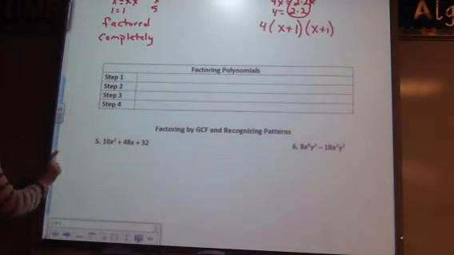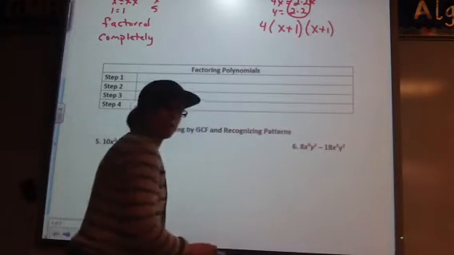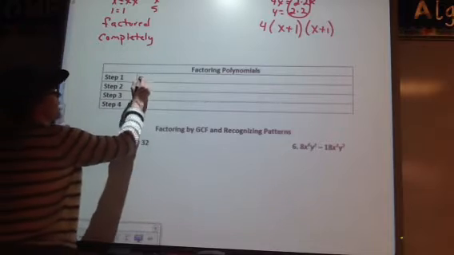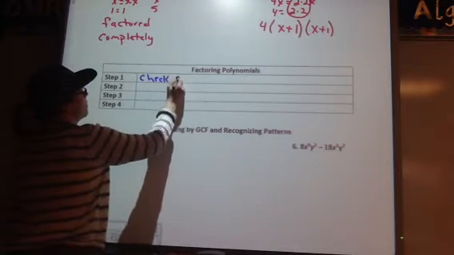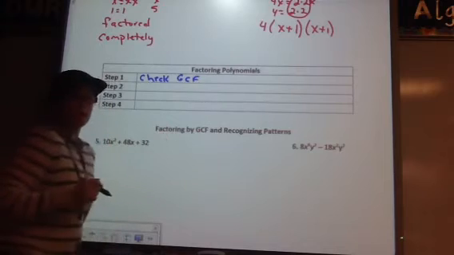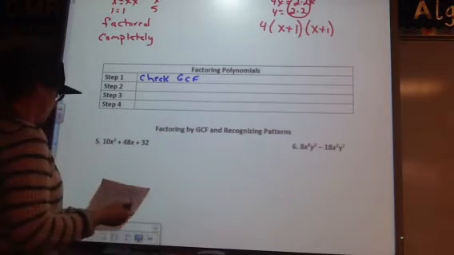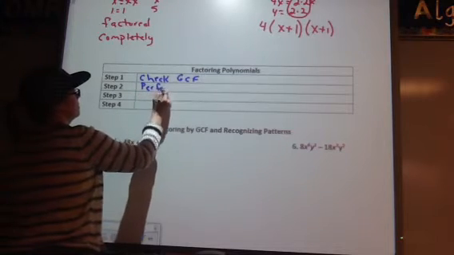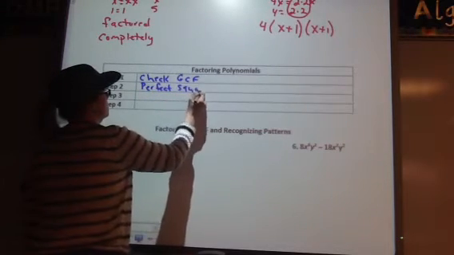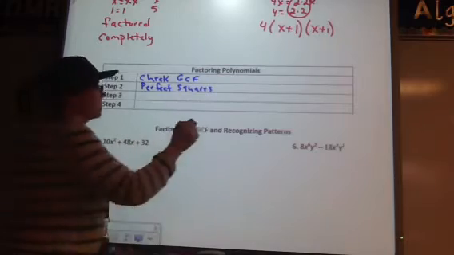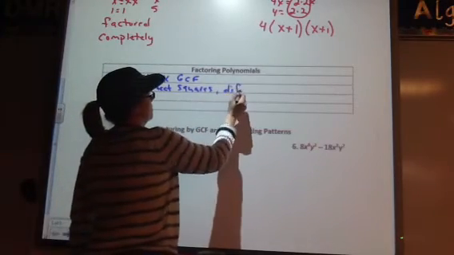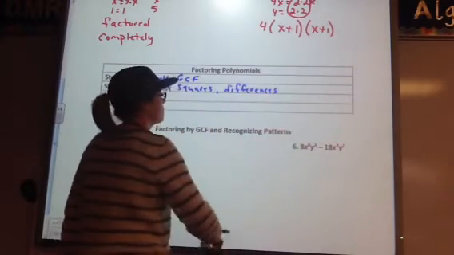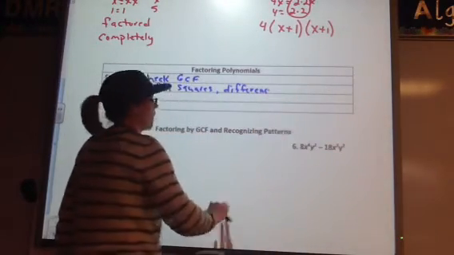Okay, something that will help you when it doesn't tell you which way to factor. These are the steps you want to try to do. First, you want to check for the greatest common factor. If there's a greatest common factor, factor that out first, okay? Second, you want to check for perfect squares and difference of squares.